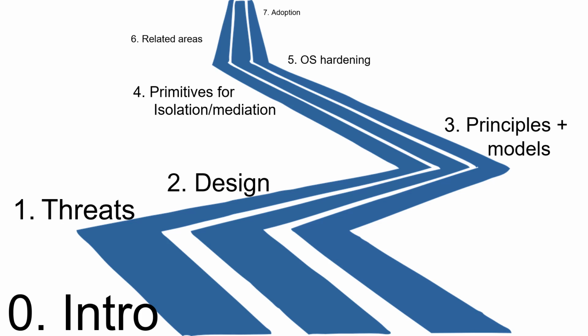The final two things that I'm going to talk about are how the issues and solutions that we find in operating system and hypervisor security have an impact on related areas, such as databases, and how easy, or rather how hard, it is to get security solutions adopted in an operating system environment.